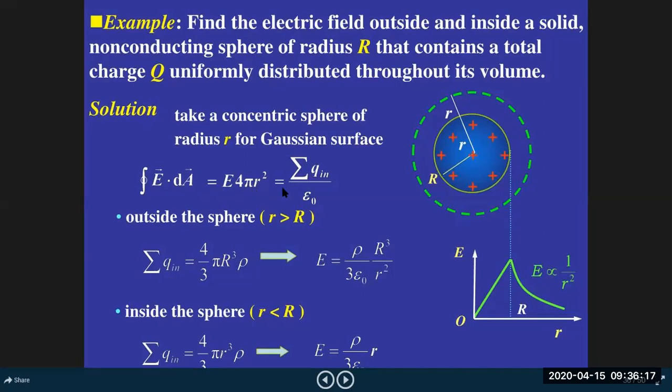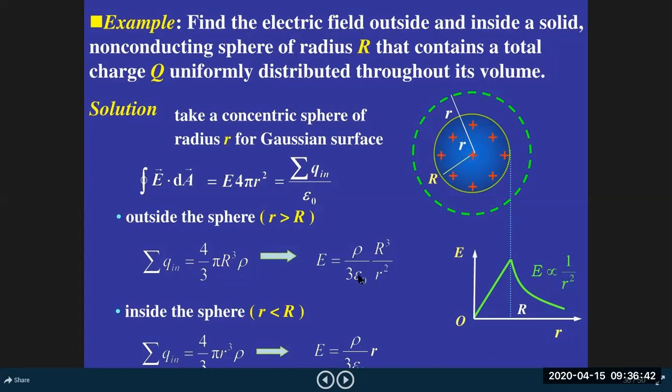Therefore, E equals capital Q upon 4 pi epsilon naught r square. Capital Q is constant, 4 pi is constant, epsilon naught is constant. Therefore, the electric field is inversely proportional to the square of the distance. This is the case outside the non-conducting sphere, where the electric field is proportional to 1 by r square.